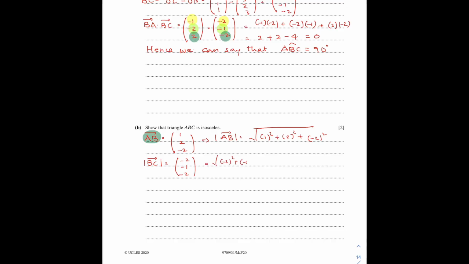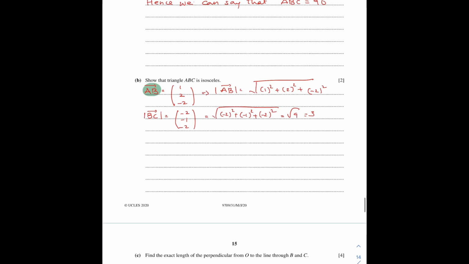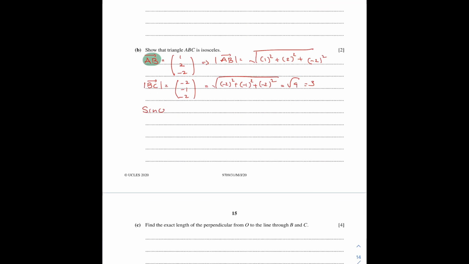Let's try the next part. Now we need BC. BC is -2, -1, -2, which is square root of -2 squared plus -1 squared plus -2 squared, which is 9. Root 9 is 3.